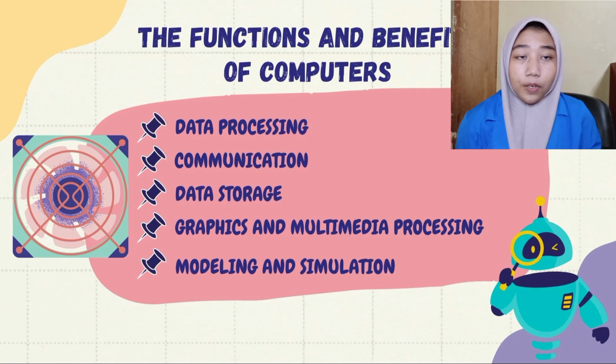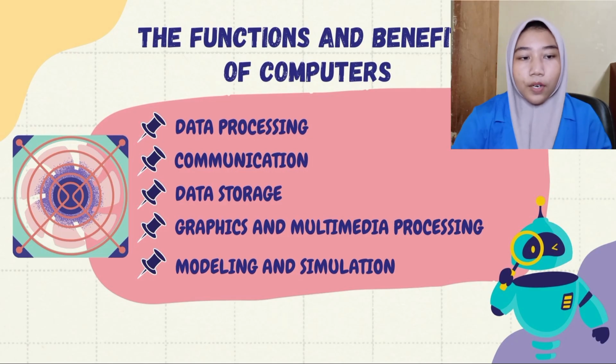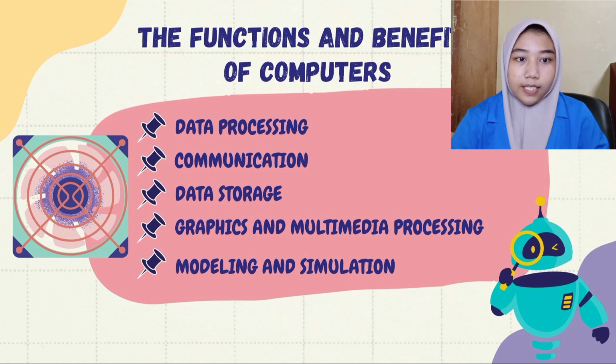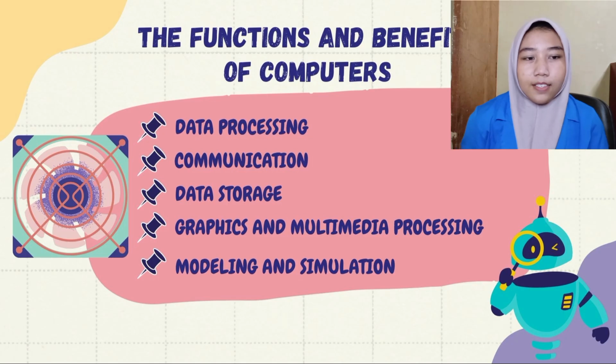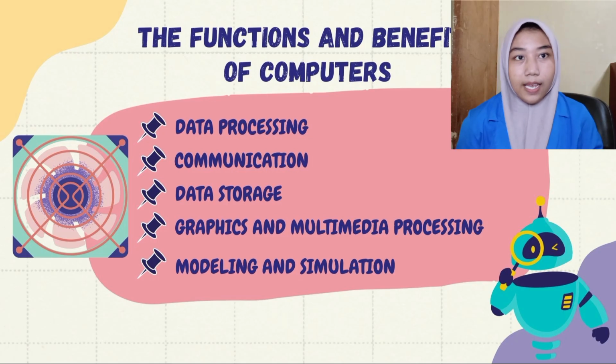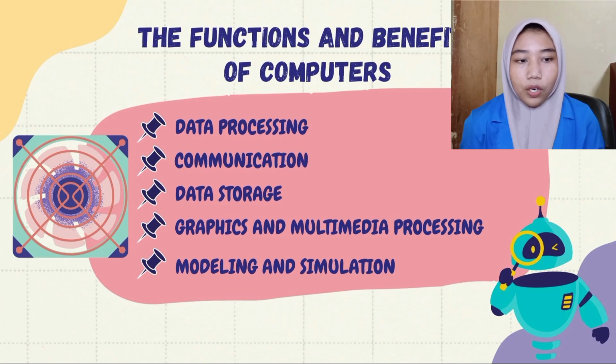First, data processing. Computers can process large amounts of data quickly and accurately. Second, communication. Computers enable us to communicate worldwide through email, video calls, and social media. Next, data storage. Computers allow us to store and organize vast amounts of information.